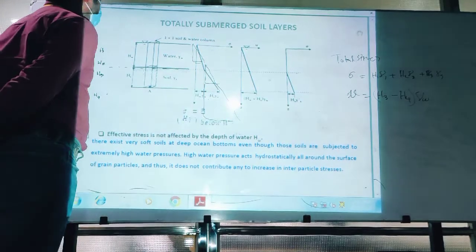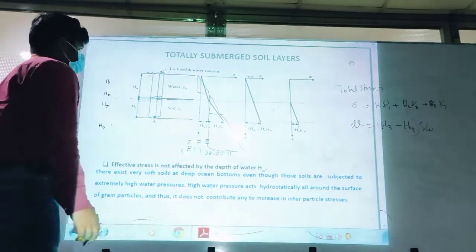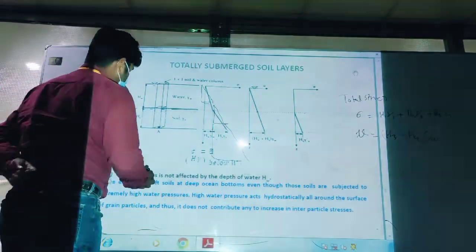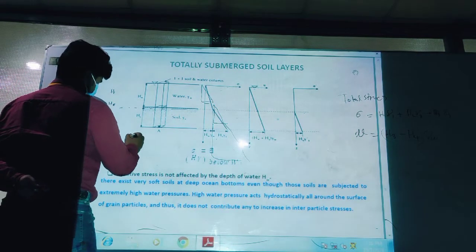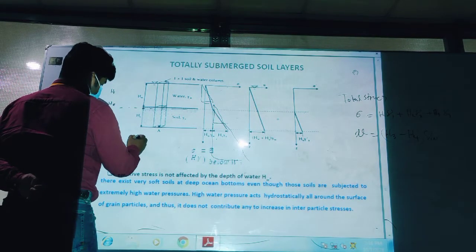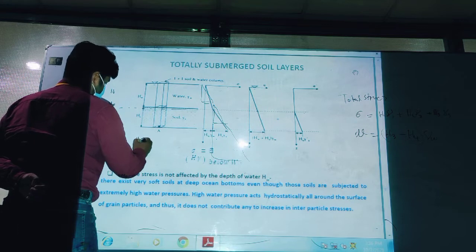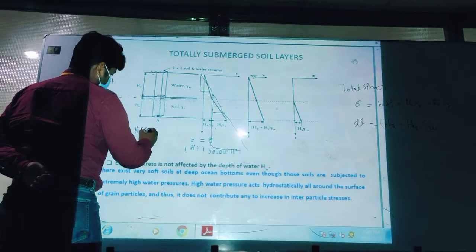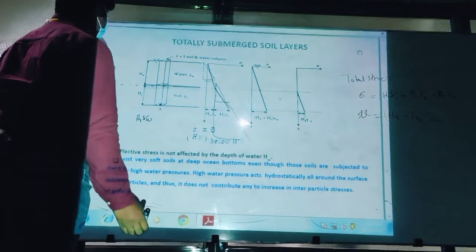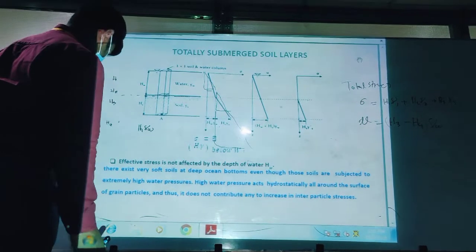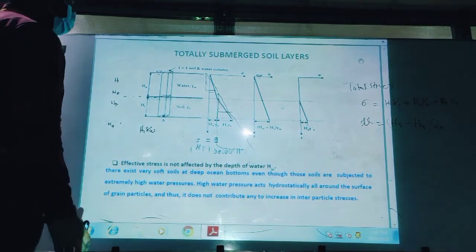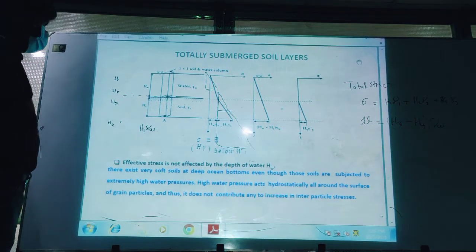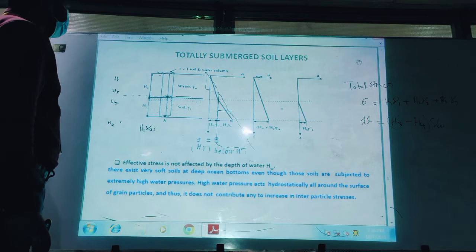Establish submerged soil. When soil is under the water, then the stress is H1 into gamma W. The stress is not affected by the water; effective distance cannot depend on height.